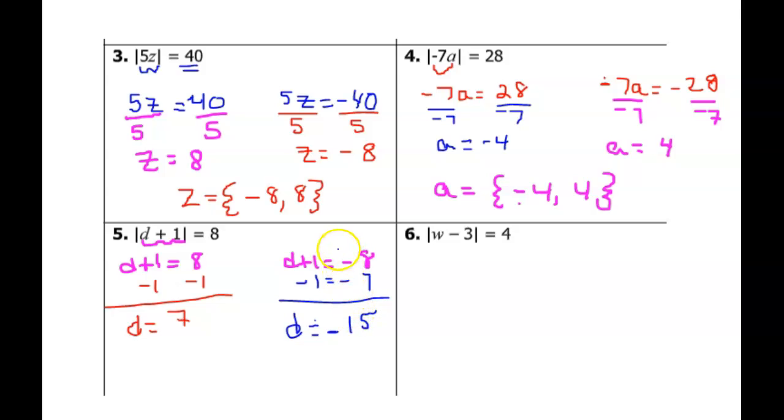Does everybody see that? So don't just think, oh, it's going to be the positive and the negative. No, it doesn't always work like that. Are we all on the same page?